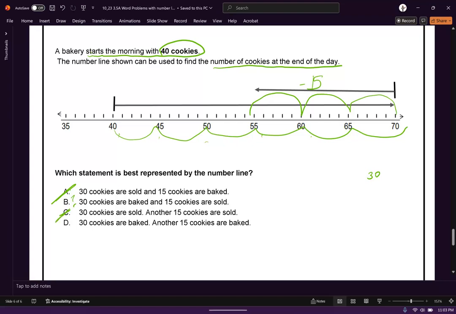So C is out. D, 30 cookies are baked. Yes, because we said the arrow's going forward 30, so that's right. Another 15 cookies are baked. So then they made 15 more. No, this does not show that. So our answer is B.